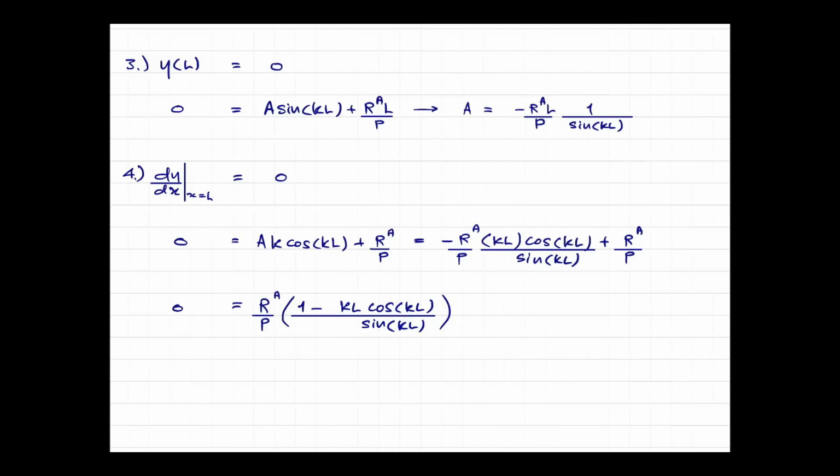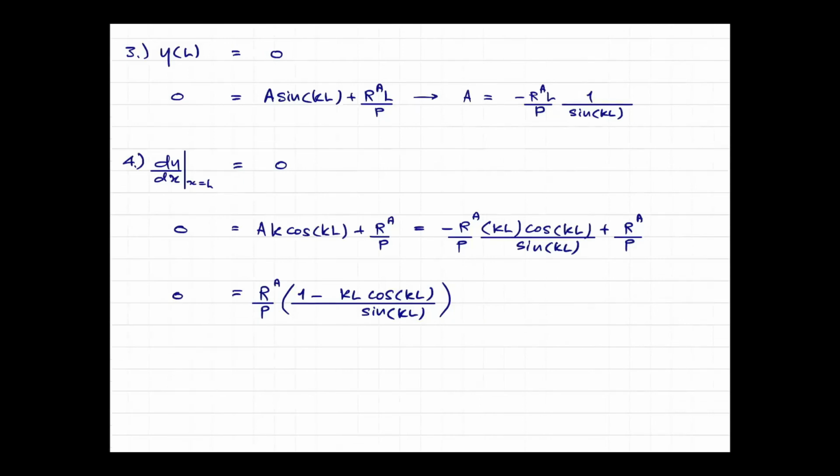You don't have to do anything. If RA is just 0, then this term turns out to be nothing, doesn't make any sense. So this term will be 0. Let's work on this a little bit. You have 0 equals 1 minus something, or sine kL equals kL cosine kL. You just move one to the other side.